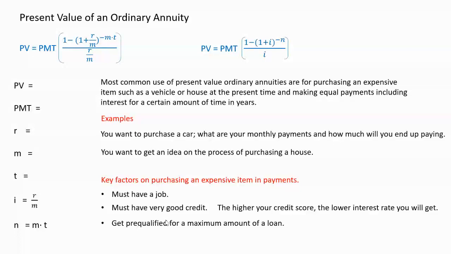For example, if you only qualify for $200,000 and you start looking for houses that are out of your budget, then once you see something that you can afford for the amount that you got qualified for, those houses are not going to seem too nice anymore because you got used to seeing those more expensive houses. So the best thing to do is to get pre-qualified for the maximum amount of the loan. This way you'll be able to see houses in your budget.